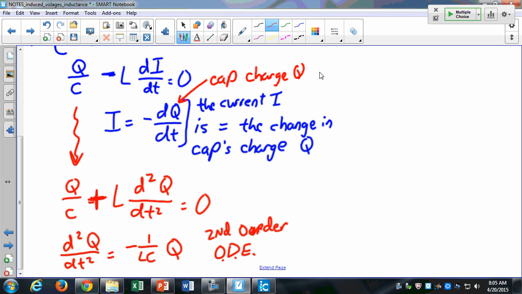But I want to find a solution for Q such that if I take the derivative of it twice, I get that Q that's negative with some coefficient in front of it. What function do you think, if you take the derivative of it twice, will give you that same function, but the negative of that function?